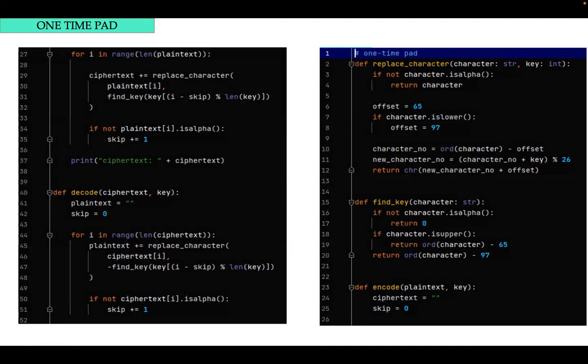And our main formula is the same, our character number plus key divided by 26, and we find the remainder. From this remainder, we can find our index number from which we can convert our plaintext to ciphertext and our ciphertext to plaintext.